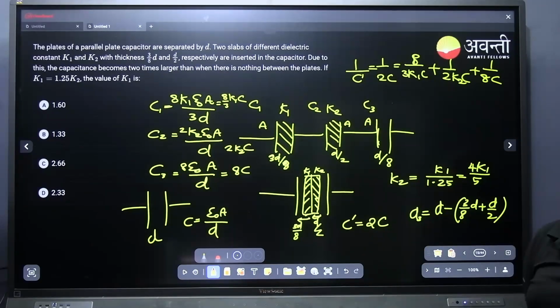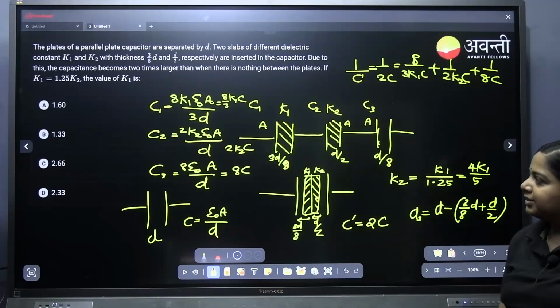This is from NEET 2025. Did anyone get any answer?